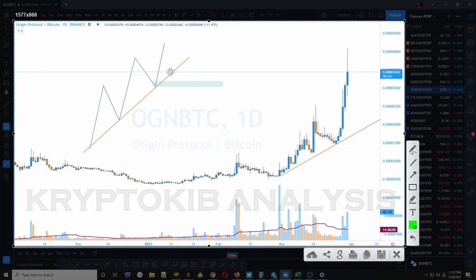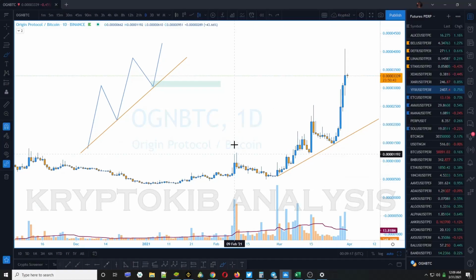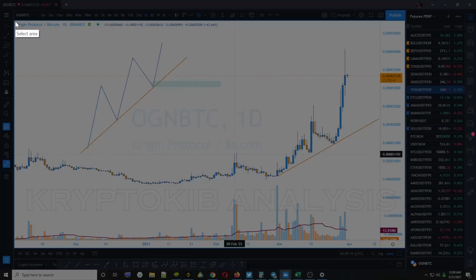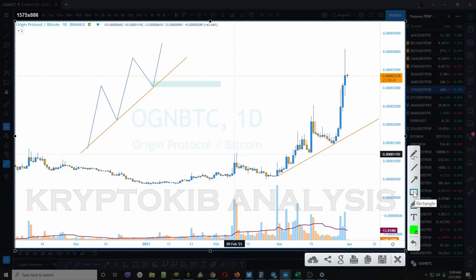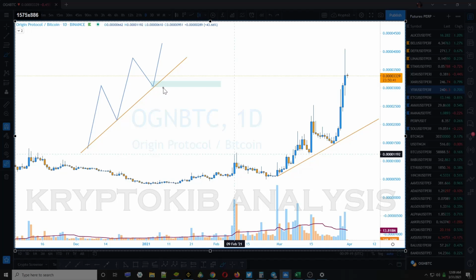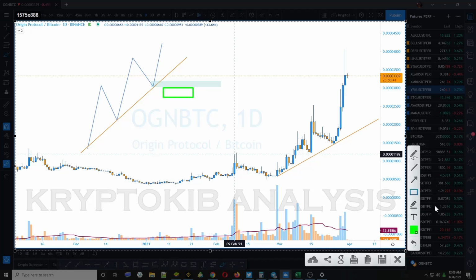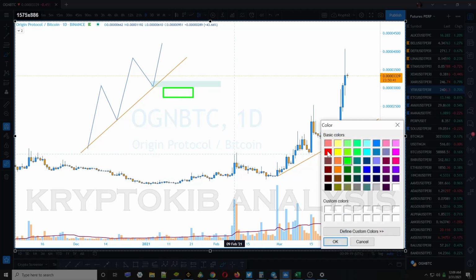In football, we have something we call the goal post, right? Let's say this is the last line of defense. Let's say this is the goal post for the bulls, and this is the goal post for the bears.